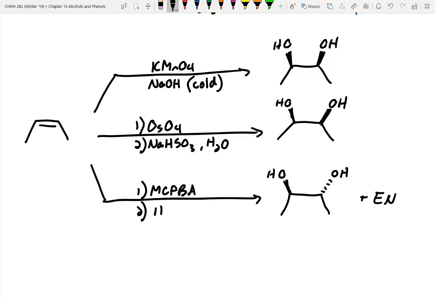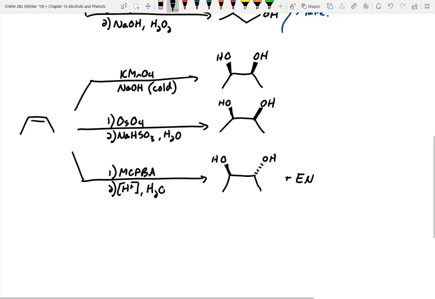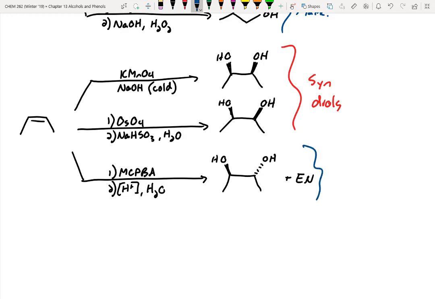And then we need some sort of acid source, and we need water in our second step. The main difference with these is that these are syn diols, where down here we have an anti-diol. We don't use the term Markovnikov or anti-Markovnikov for these because we're adding two different addition groups rather than just one. Does that make sense?